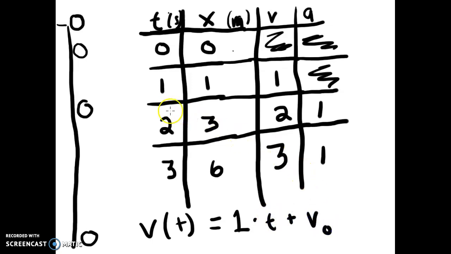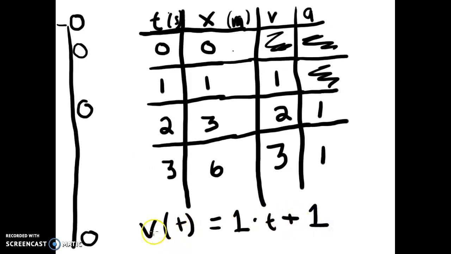Well, what is v naught? It turns out v naught is just what's in the very first v box, our initial velocity. So our v naught is just plus 1.